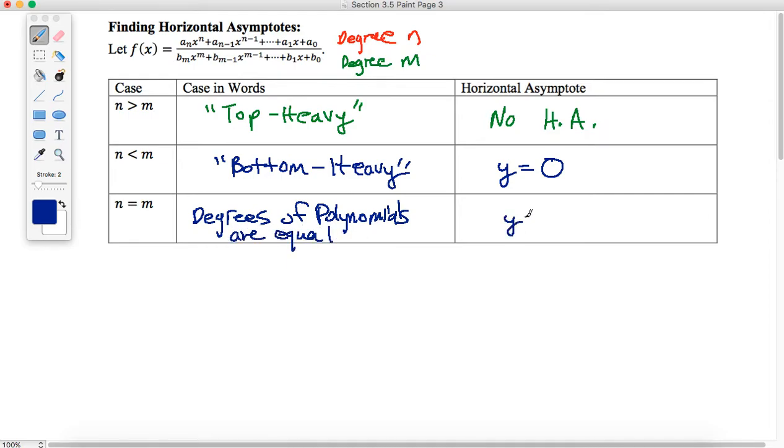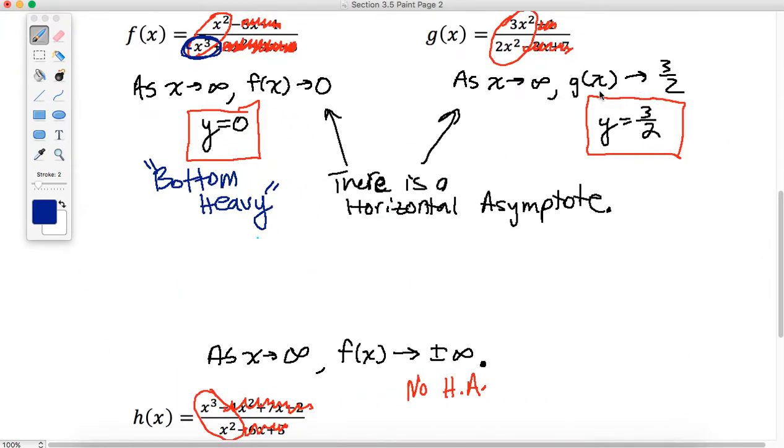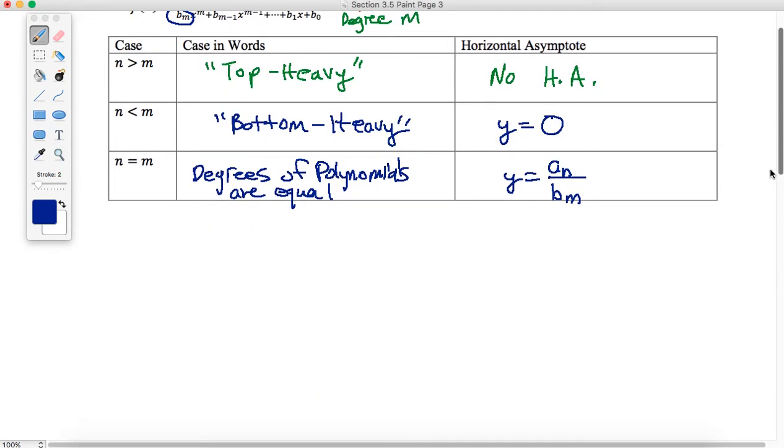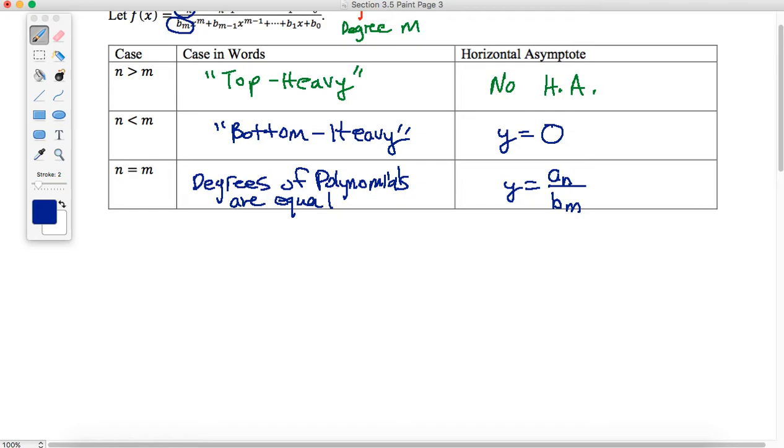Then the line y equals a sub n, which is our leading coefficient on the numerator, divided by b sub m, which is our leading coefficient in the denominator, is our horizontal asymptote. And that was the case right here, right? The degree on top equaled the degree on the bottom, and our ratio 3/2 was our horizontal asymptote. And so that gives us a way to find our horizontal asymptotes.